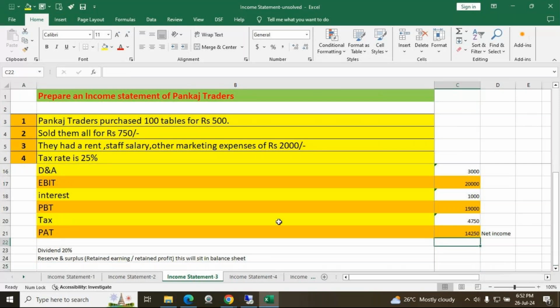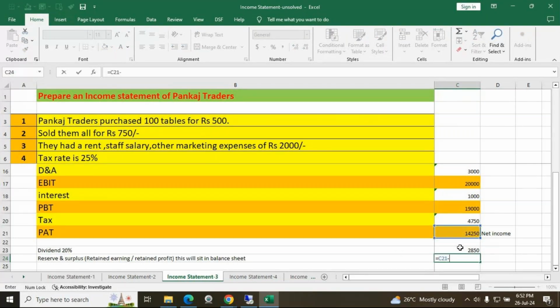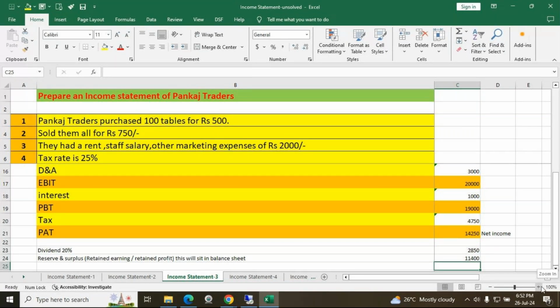Now dividend, they are telling, will be profit after tax into 20%. This will be the dividend I'm going to pay. Reserves and surplus, what we call retained earnings, is profit after tax minus the dividend. This will sit in the balance sheet, which we call retained earning or retained profit.